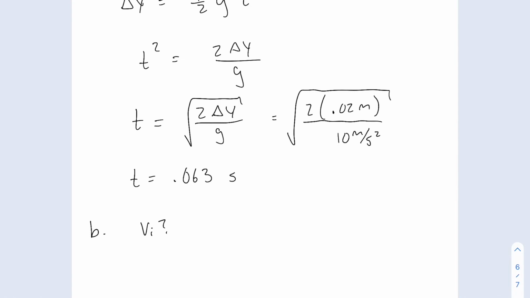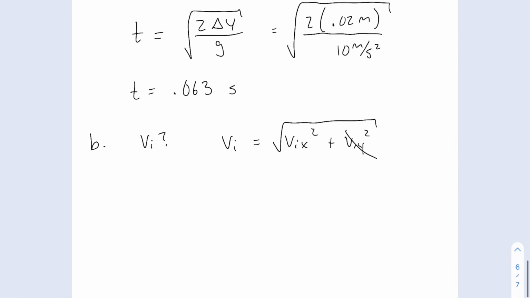Part B, we're trying to find v initial. And v initial is made up of the x and y components, right? Technically, v initial would equal the square root of v initial x squared plus v initial y squared, using the Pythagorean theorem, but v initial y is 0. So really all we're trying to do is figure out what the horizontal component of v initial is, and that's v initial.